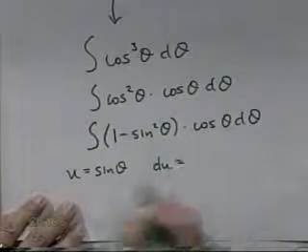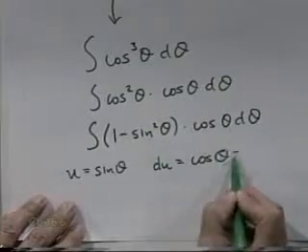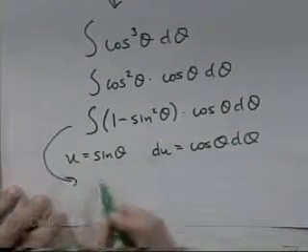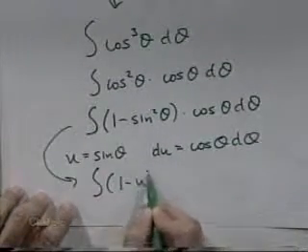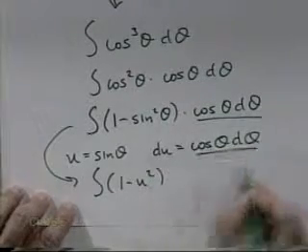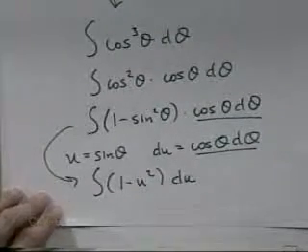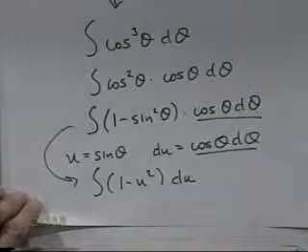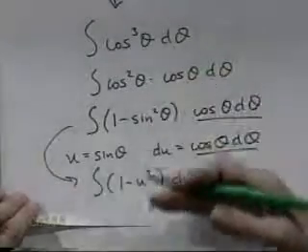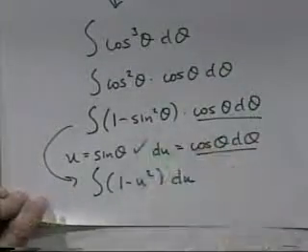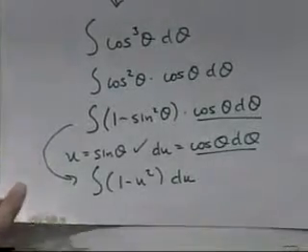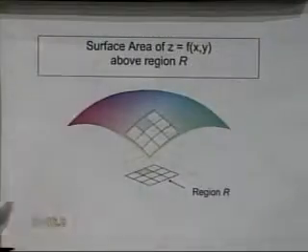So du, derivative of sine, is cosine. And this integral is going to become the integral of 1 minus u squared, and the cosine theta d theta is going to be du. And you'll have a simple algebraic thing to do. And just don't forget, after you get it in terms of u's, you've got to go back and plug back in your thetas. Okay? All right, today we're going to go on and talk about surface integrals.